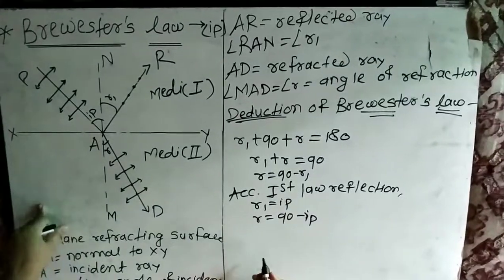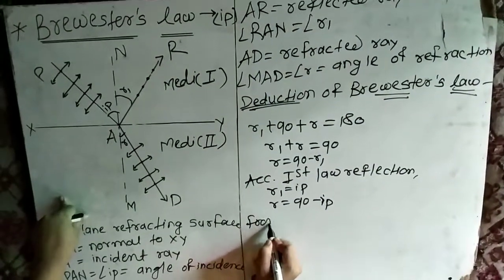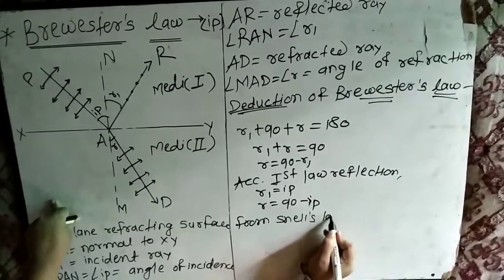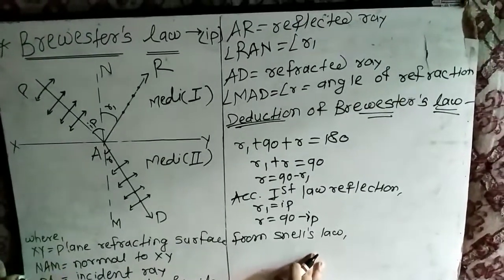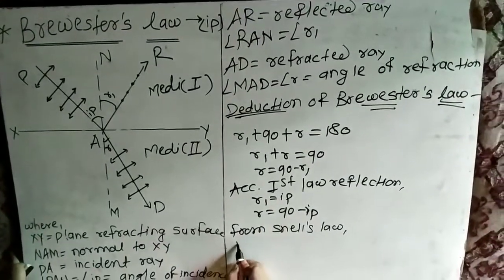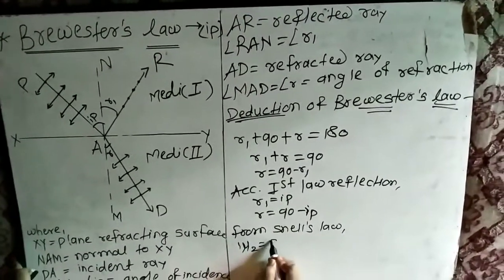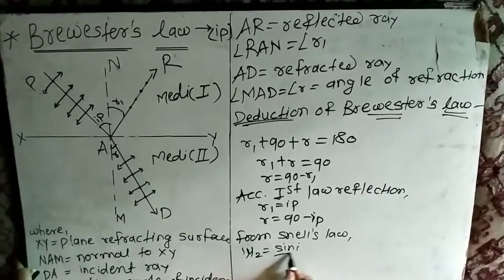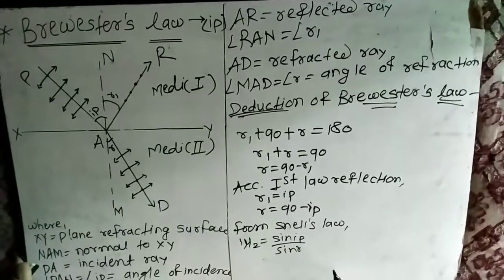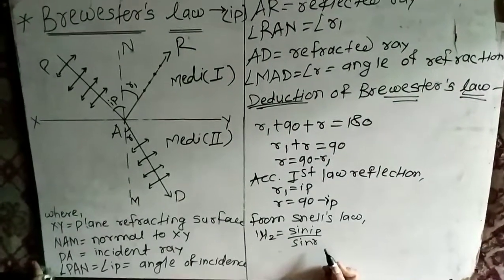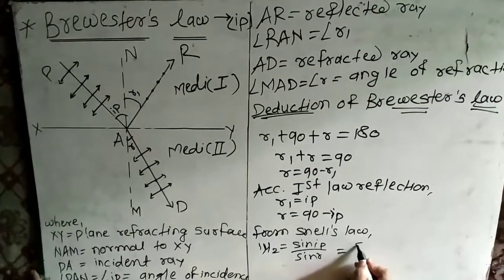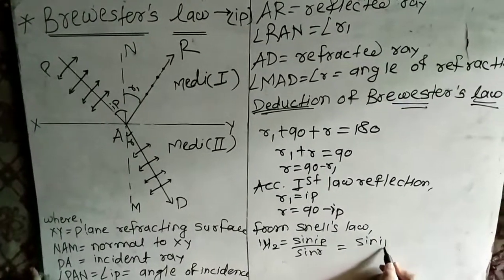From Snell's law, which is also called the law of refraction, 1 mu 2 is equal to sin I by sin R. Here I is IP, because it is the polarizing angle. So 1 mu 2 is equal to sin IP upon sin R.